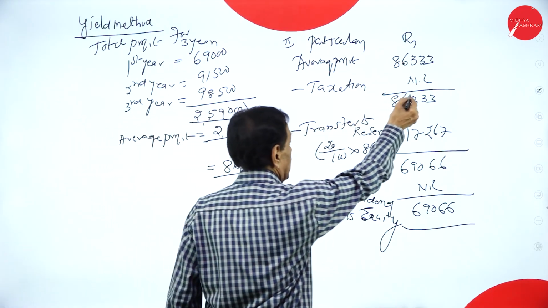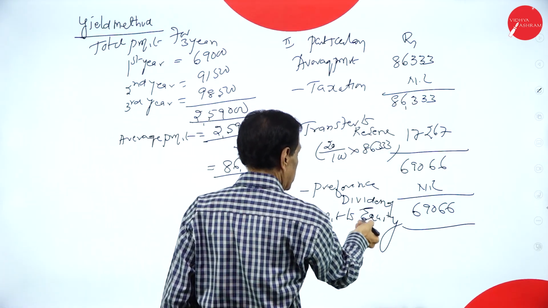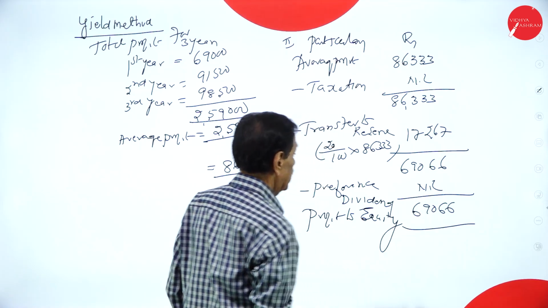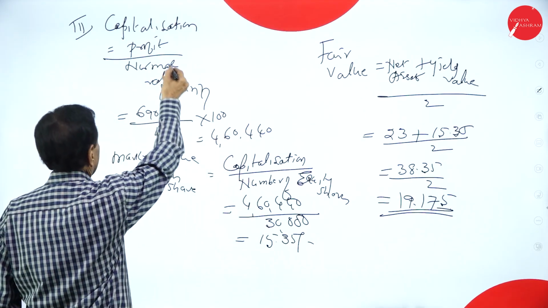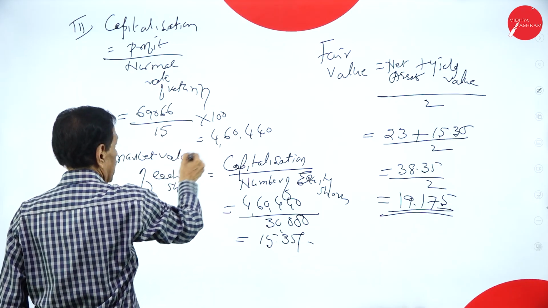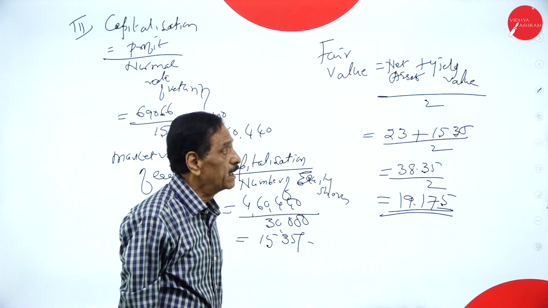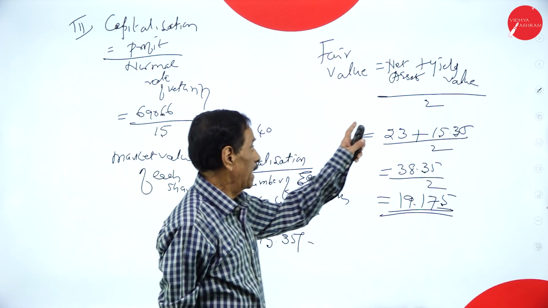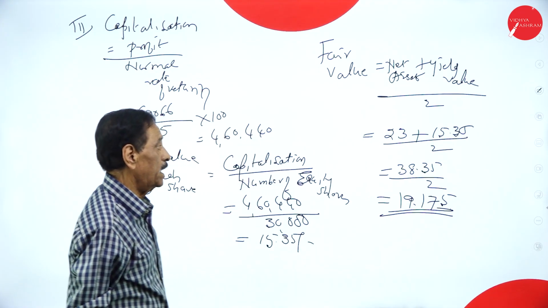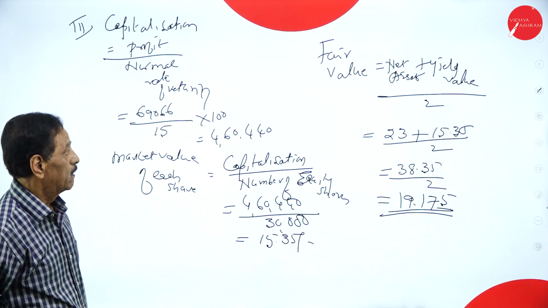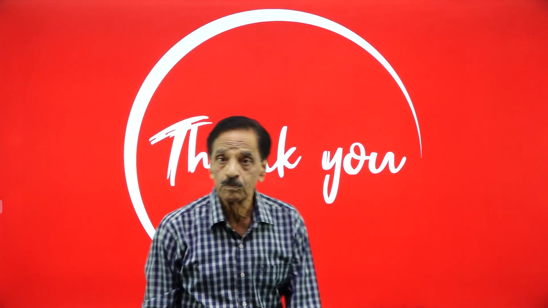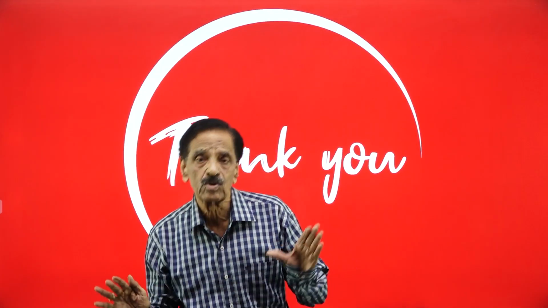Average profit minus taxation minus transfer to reserve minus preference dividend gives 69,066. Then capitalization, then capitalization divided by number of shares. Fair value is net asset plus yield value divided by 2. I have gone through the two problems slowly, which is very important.